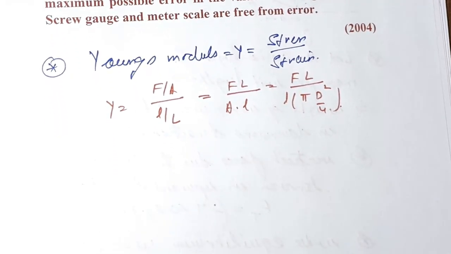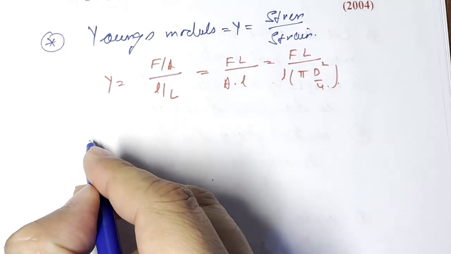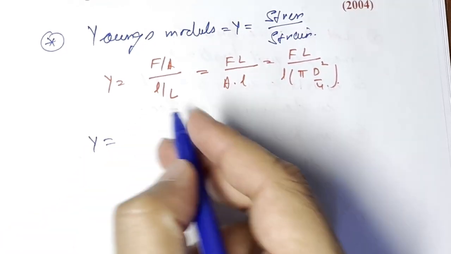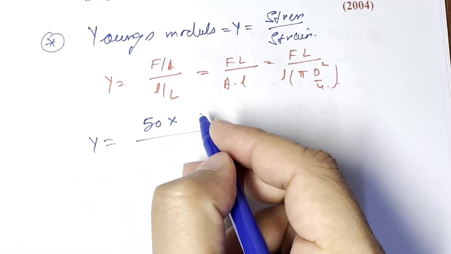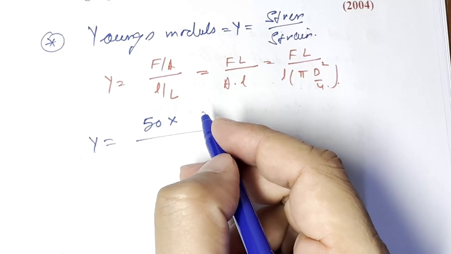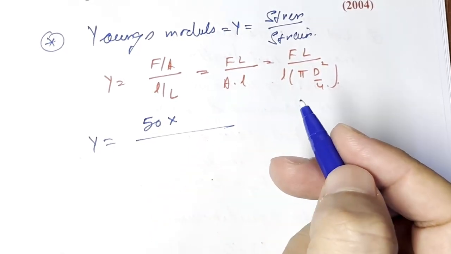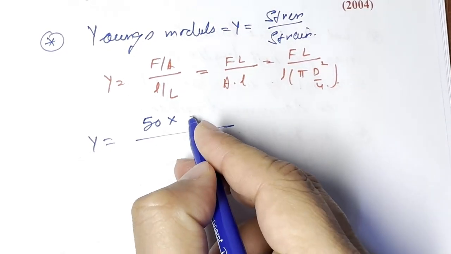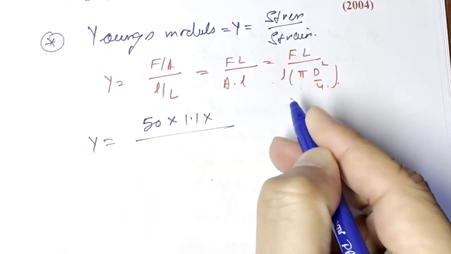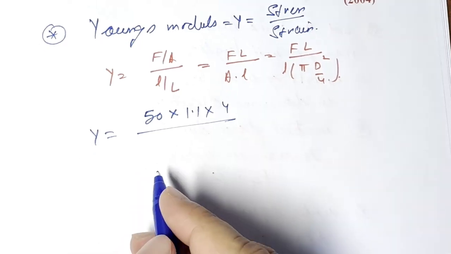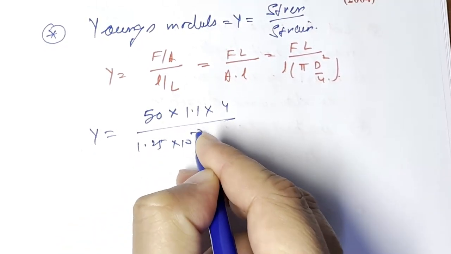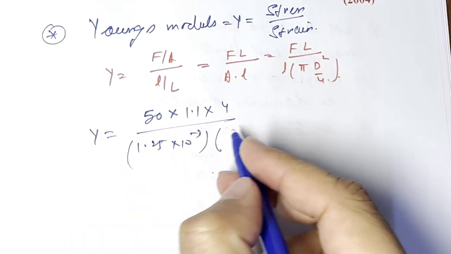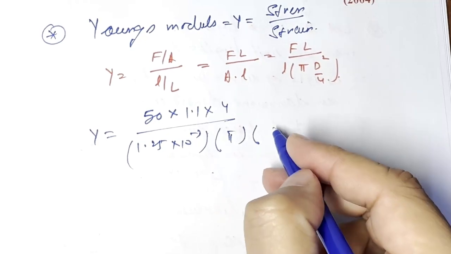Now we substitute the values. We get Y is equal to 50, which is the applied force, original length is given as 110 centimeter, so we can write this as 1.1 meters, and 4. Similarly, the extension is 1.25 times 10 to the power minus 3, and we have pi, and the diameter.